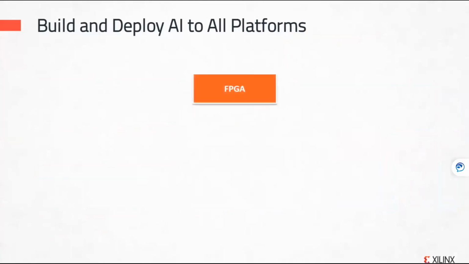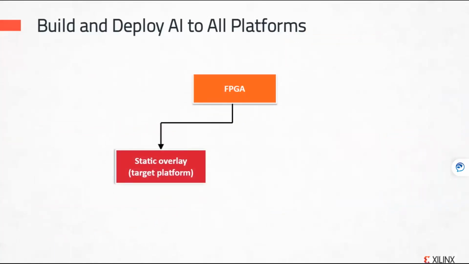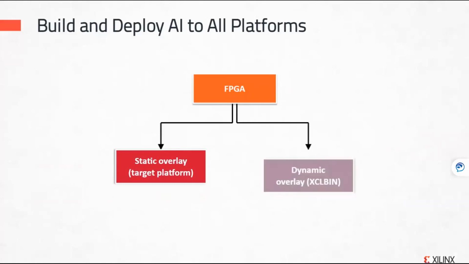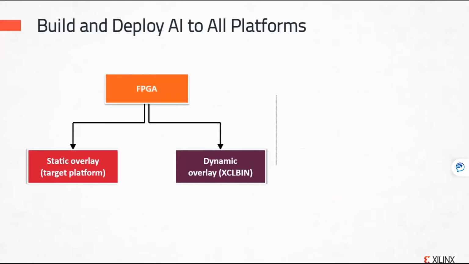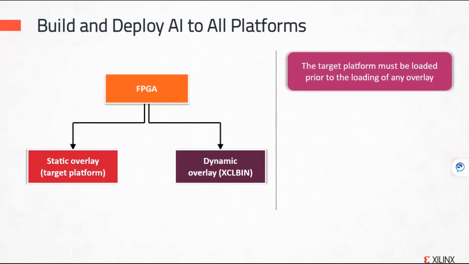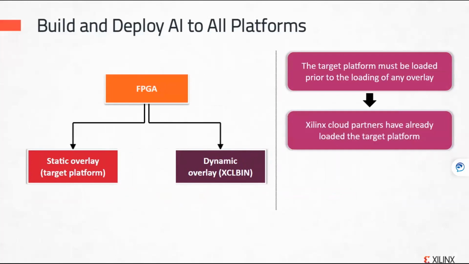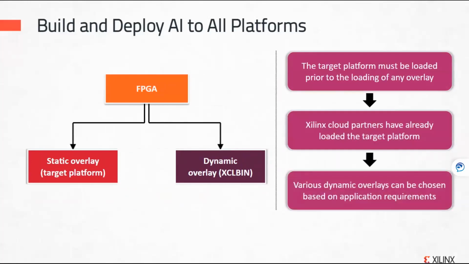Given the above assumption, the FPGA binary can be partitioned into a static overlay, or target platform, and a dynamic overlay, or XCL bin. The target platform must be loaded prior to the loading of any overlay. Xilinx cloud partners have already loaded the target platform, and various dynamic overlays can be chosen based on application requirements.